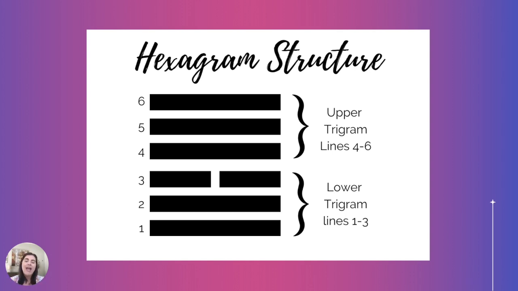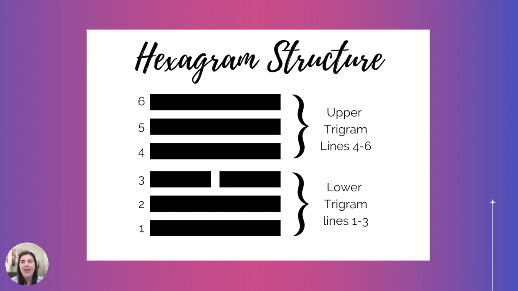But these hexagrams correlate to the gates in your human design chart, all those little numbers within each energy center and the numbers in the columns on either side of your body graph. This hexagram that you're looking at right here is the 10th gate, and you'll see why I chose this specific one in a little bit.